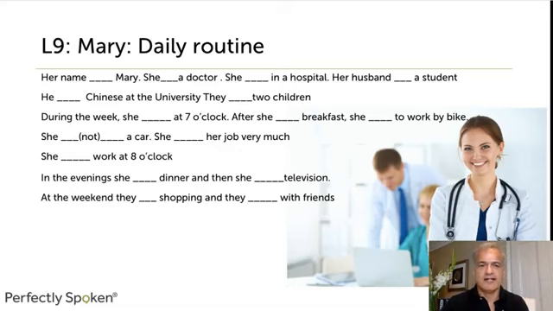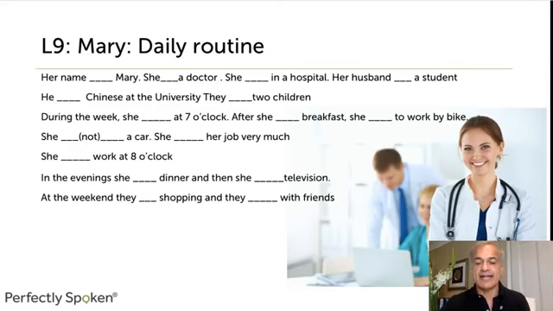She got a car. She, her job very much. She work at 8 o'clock in the evenings. At the weekend, they. Now, different, yeah? Not she, they. So I go, you go, she goes, they go.